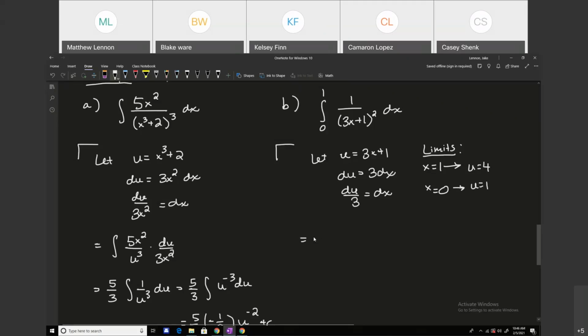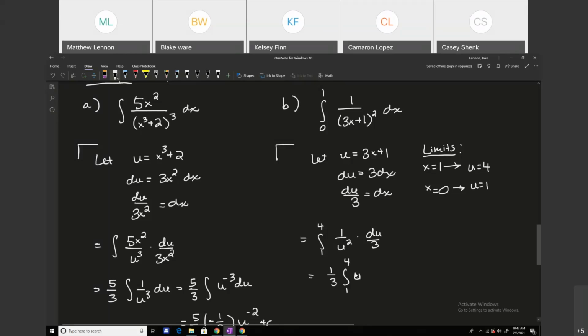So then our integral would be the integral from 1 to 4 of 1 over u squared times du over 3. Again, there's no x's, so we're fine there. So I'm going to bring the 1/3 in front, and then we have the integral from 1 to 4.